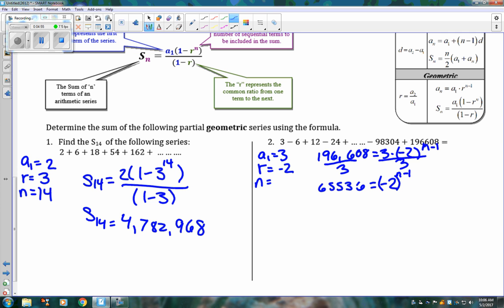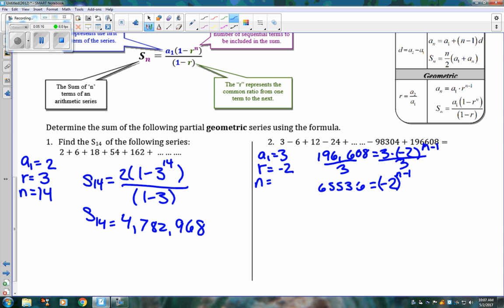You can do it one of two ways. You can take the log of both sides, but if you do, you have to make sure the log has the base of -2.